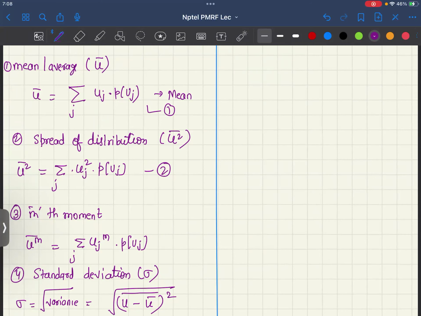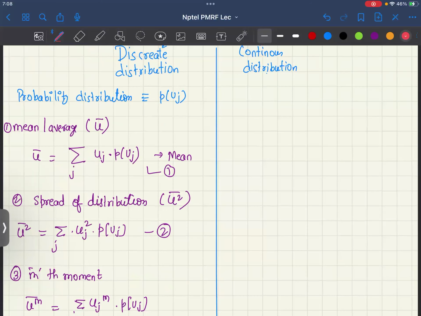Now the next is the continuous distribution. For a continuous distribution, let's say the probability distribution is P of uj. Then we have a very good result that the integral of P of uj du from minus infinity to plus infinity is equal to 1.